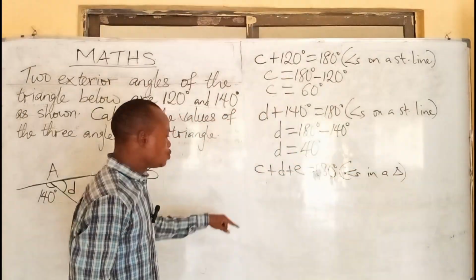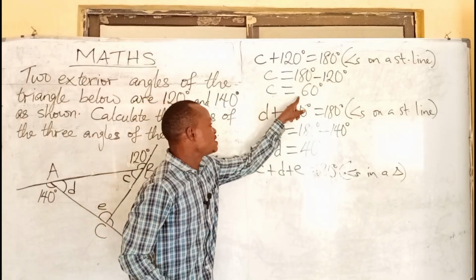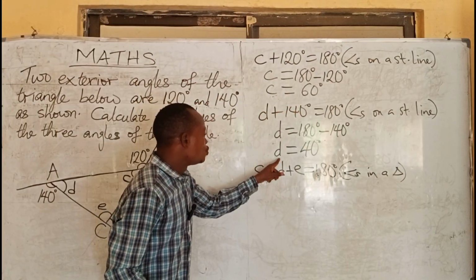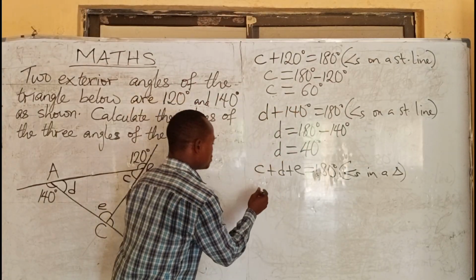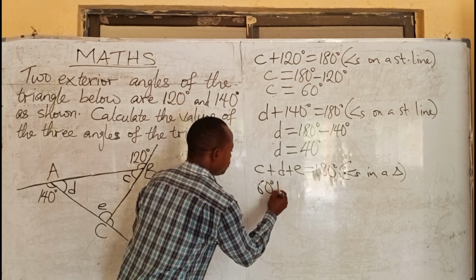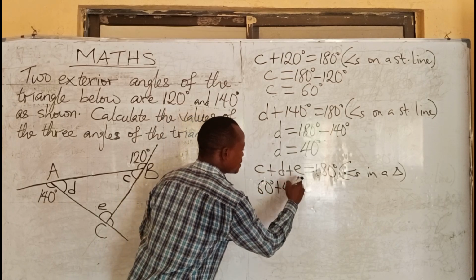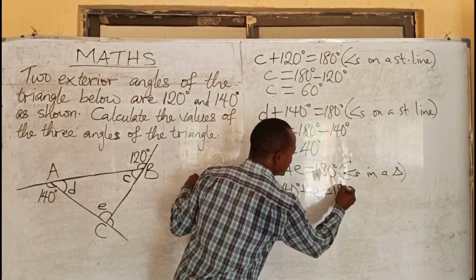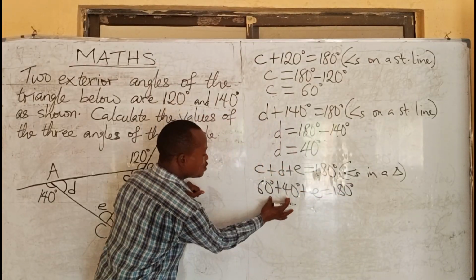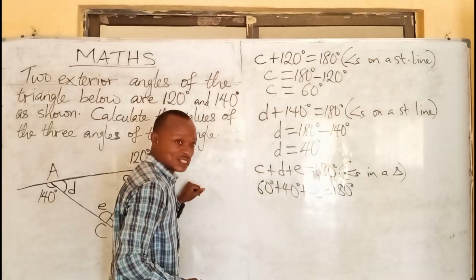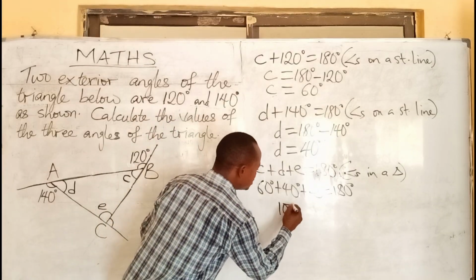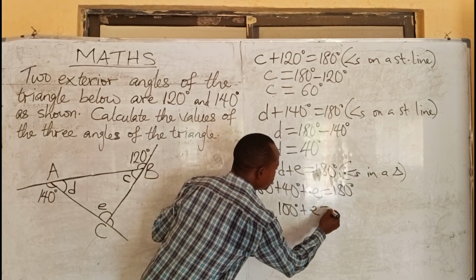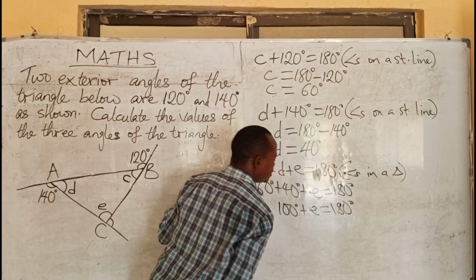Now we substitute. We know C to be 60 degrees, and D to be 40 degrees. So we substitute 60 plus 40 plus E, which is not known, equal to 180 degrees. These two added together will give us 100 degrees. So we have 100 degrees plus E equal to 180 degrees.